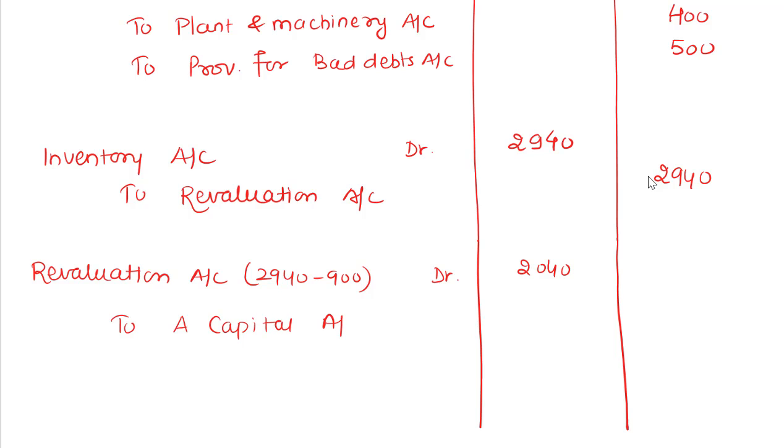A capital account and B capital account, 1530 and 510. 3 is to 1, 3/4 and 1/4.